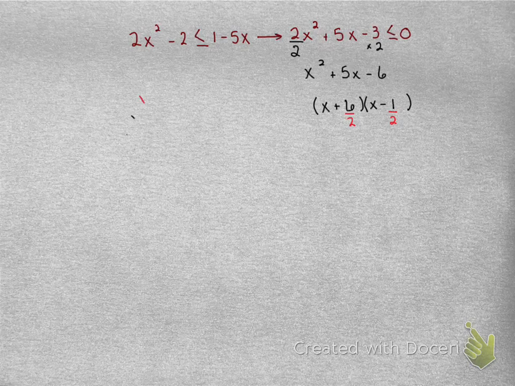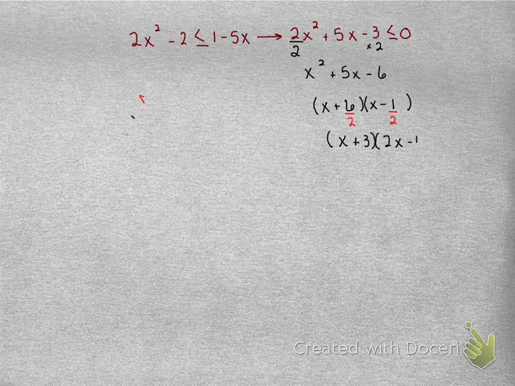Now, 6 divided by 2, the factor on the left, divides evenly. So 6 divided by 2 is 3. Now 1 divided by 2 does not divide evenly, so we're going to swing the 2 over and stick it to the front of the x.